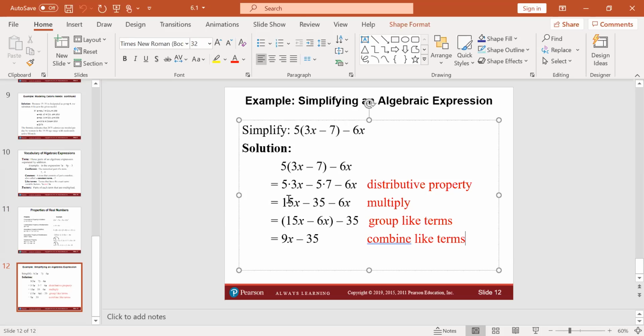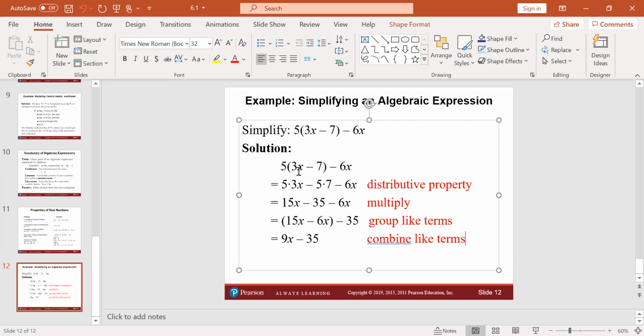And now, if you can combine like terms in an expression, you pretty much always should, unless there's some really special thing you're doing. And here, I've got 15x, I've got minus 35 separately, but I've got minus 6x. I can tell the 15x and the negative 6x are like terms with each other. So group them together.